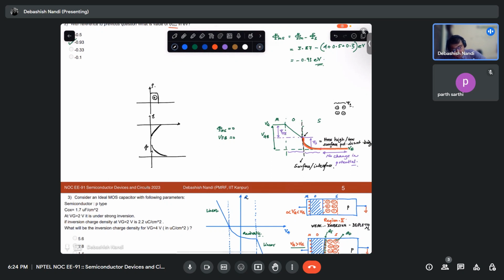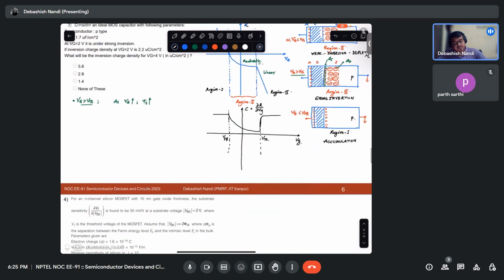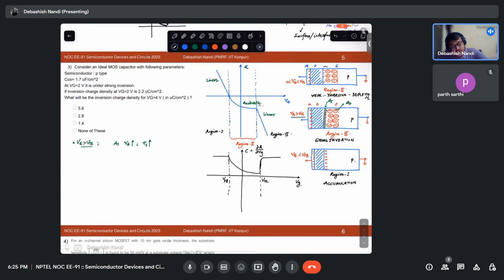This is, let's say, linear, so this will be quadratic. So you see, this potential drop is due to what? Due to the presence of non-zero charges, right? So wherever there are non-zero charges, there will be a potential drop in the semiconductor. As there is a depletion region, across it there will be a potential drop, and that potential drop we are calling the surface potential.